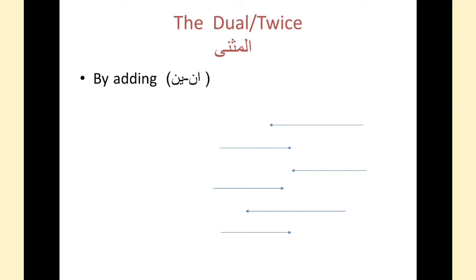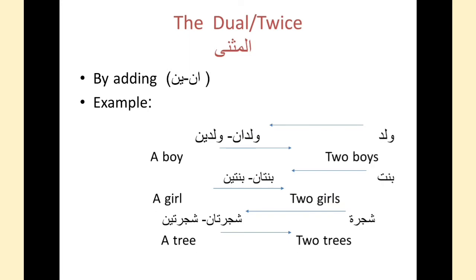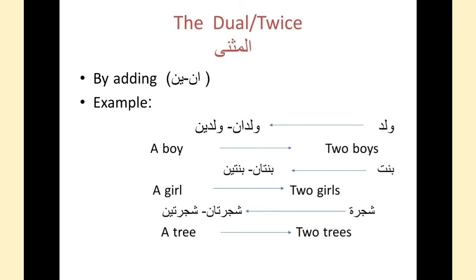So we make the word expressing two things or two persons by adding alif wa noon or ya wa noon at the end of the word. For example, walad, which means a boy, becomes waladan or waladain, which means two boys.